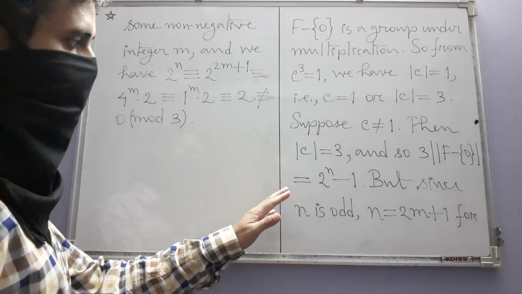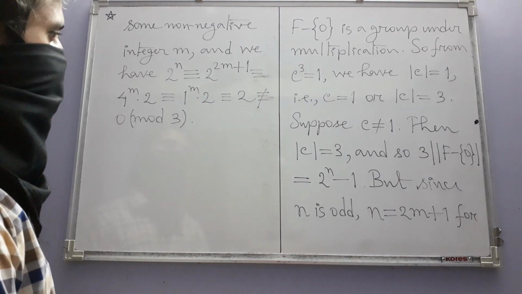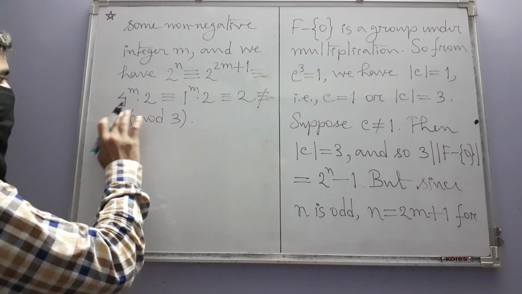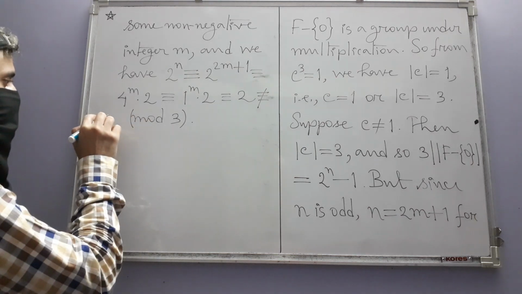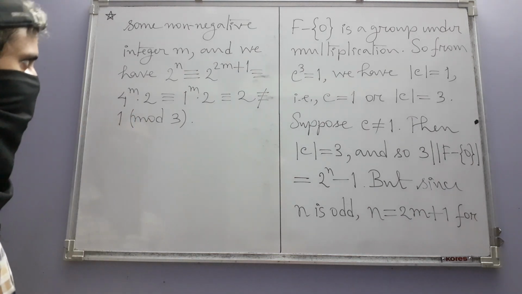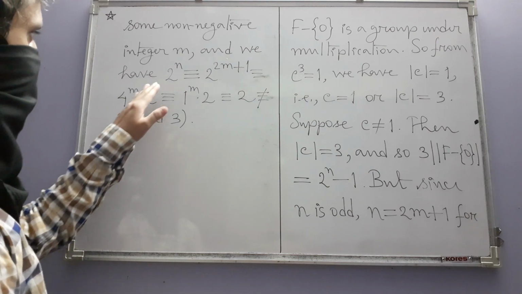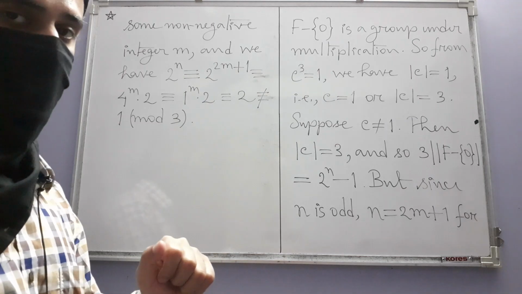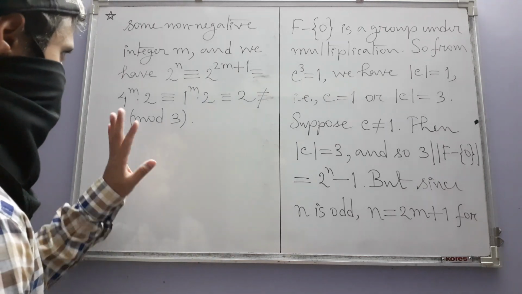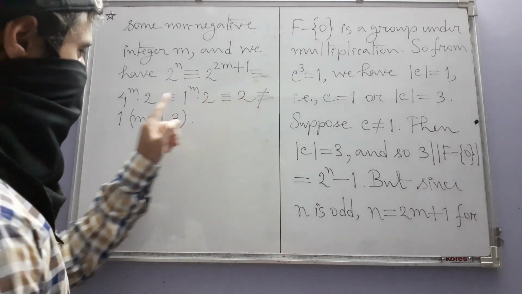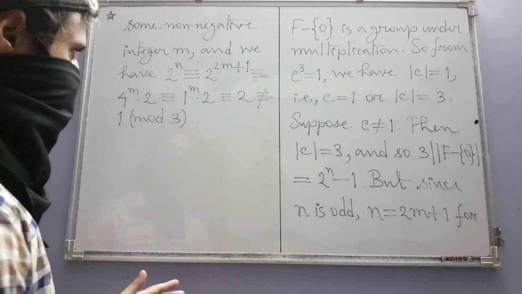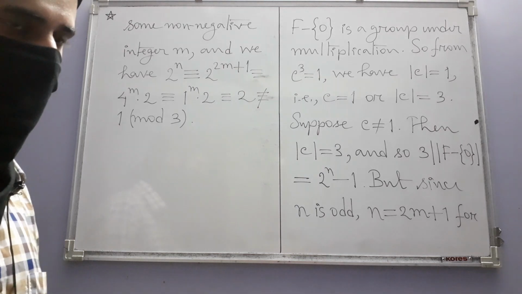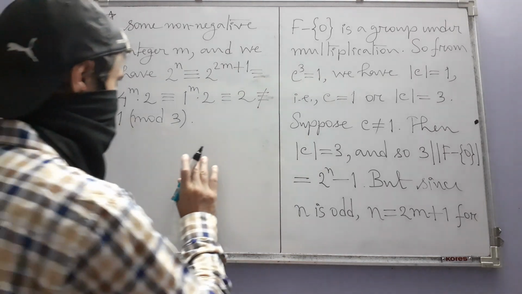So 3 actually cannot divide this 2 to the power n minus 1. This is incongruent to 1, because then only we can say from these congruences that 3 does not divide 2 to the power n minus 1. And 2 is of course incongruent to 1 mod 3, because 2 minus 1 is not divisible by 3. 2 minus 1 is 1 and 3 is a prime, it cannot divide 1.